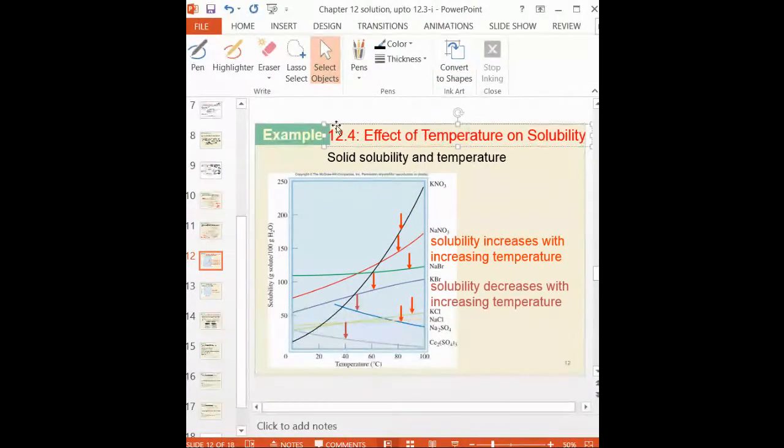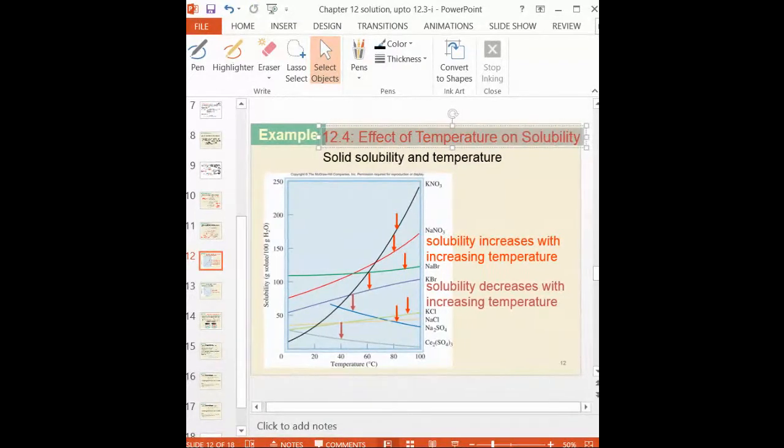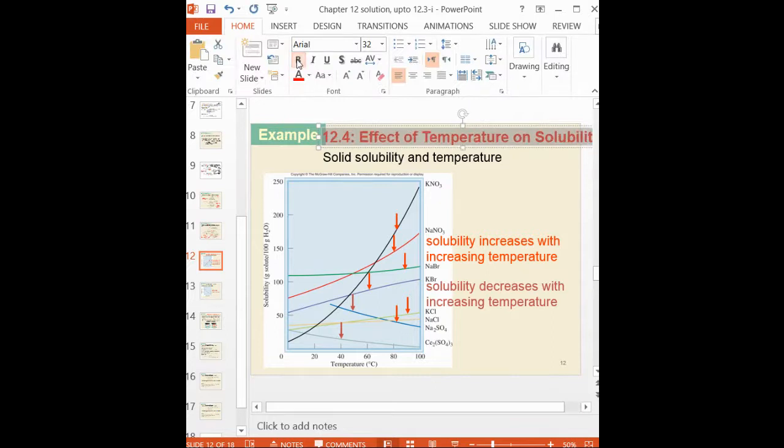Now 12.4, effect of temperature on solubility.